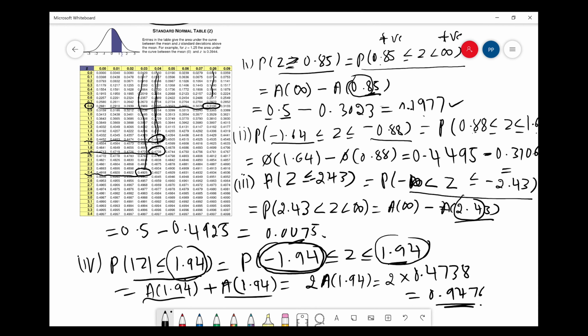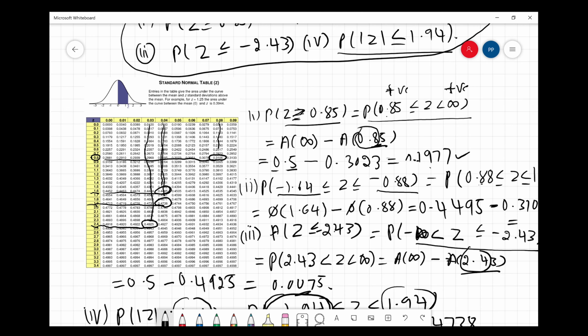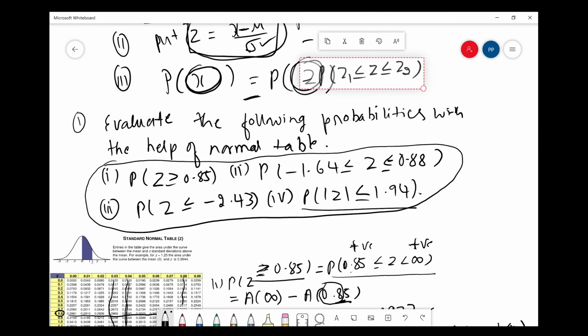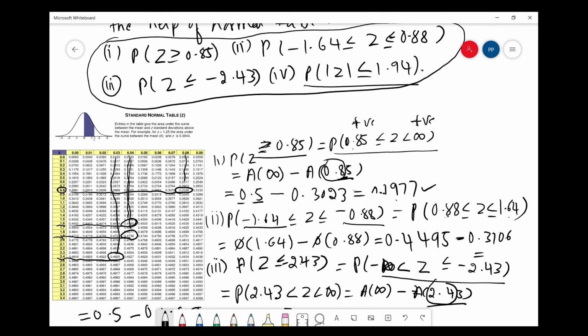In this problem, I explained how to get these probabilities if you are given this kind of probability values. Normally, you're not given them directly, meaning you're not asked to find the probability of z directly. In application problems, x is some normal variable, and we have to convert it to the standard normal value and write it in this form.